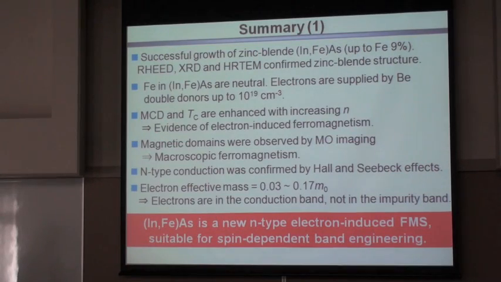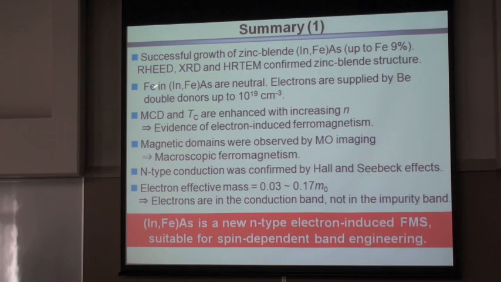So to summarize the data of our indium iron arsenide material, we can grow zinc-blende type indium iron arsenide with iron concentration up to 9%. And all the structural data confirmed zinc-blende type structure.